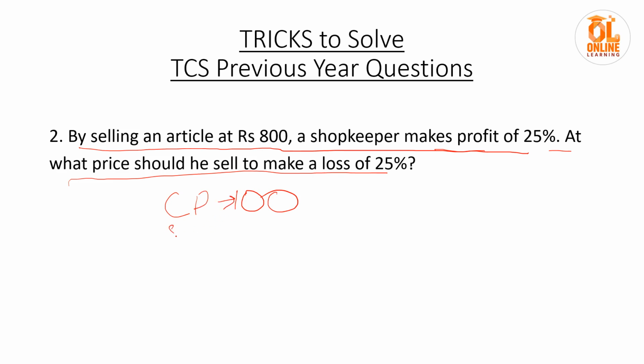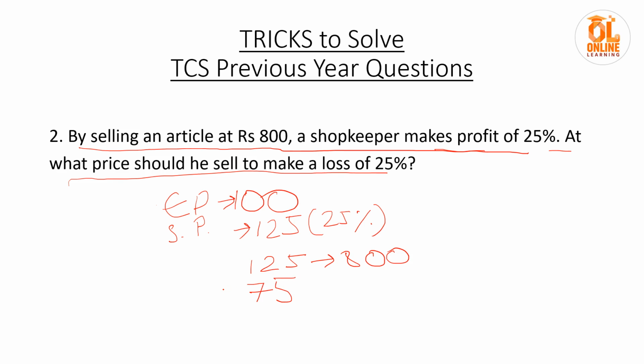Then what will be the selling price? Selling price would be 125 because profit of 25%. So 125 is equal to 800 given. Now if the CP is 100, to make a loss of 25%, your selling price would be 75 because 100 minus 25 is 75.